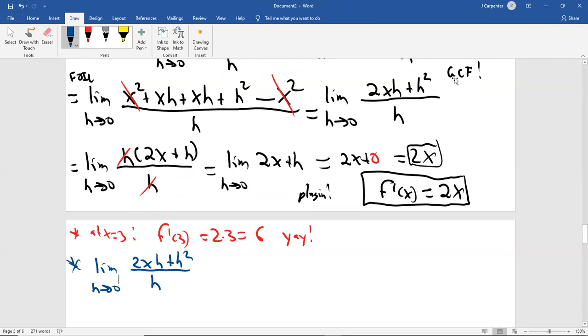The way I've done this 2 times in a row is I took a GCF out of the top and then canceled. Your calculus students, if you know a shortcut here, please feel free to use it. You can cancel a factor while it's written in a non-factored version as long as it's everywhere. So because that h is in this term, and this term, and this term, it's in every single term, top and bottom, you can cancel it. If it's missing from one of them, you can't.